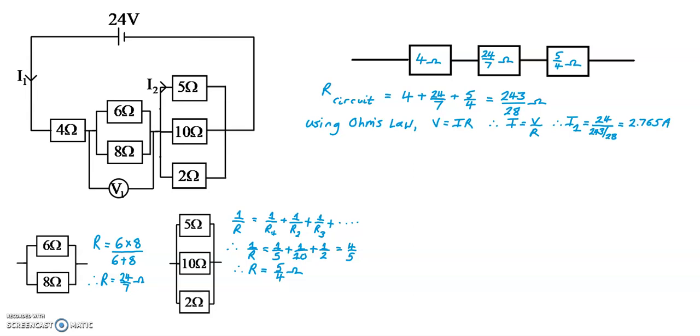The next task will be to calculate V1. Now V1 in our initial diagram can be replaced with the voltage across the 24/7 ohm resistor. So that is now V1, and we know the current flowing here is I1.